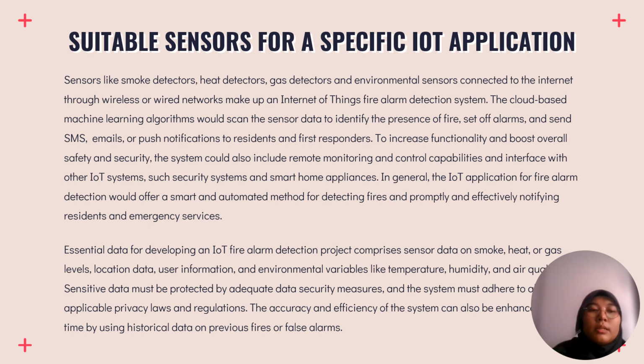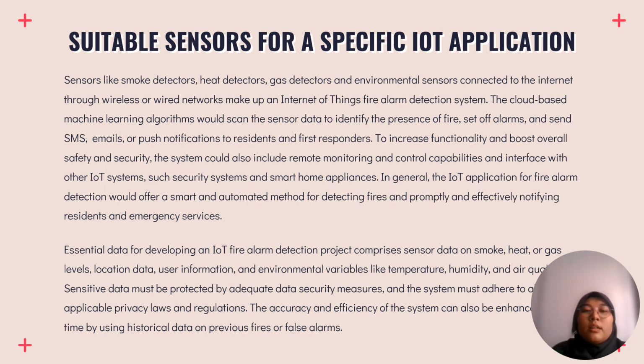So this means cloud-based machine learning algorithms will scan the sensor data to identify the presence of fires, set off alarms, and send SMS, emails, or push notifications to residents and first responders.